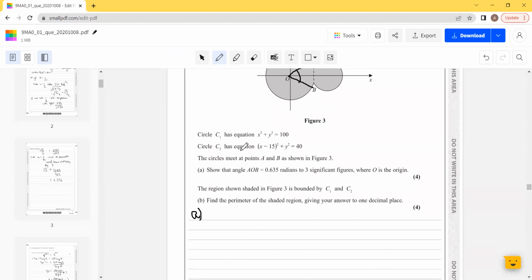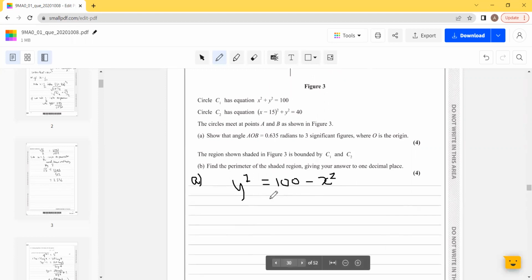First, I'm going to try and find coordinates of A and B. So I'm going to say that y squared is 100 minus x squared. And then I'm going to use this as part of the substitution to find x. So x minus 15 squared, plus 100 minus x squared, because this is y squared, is equal to 40.